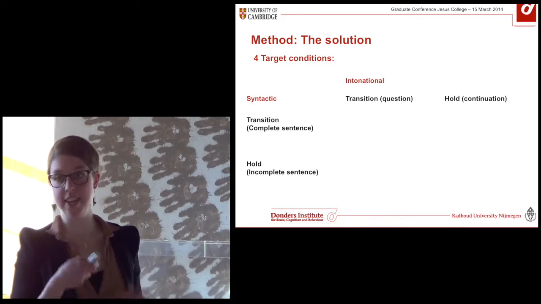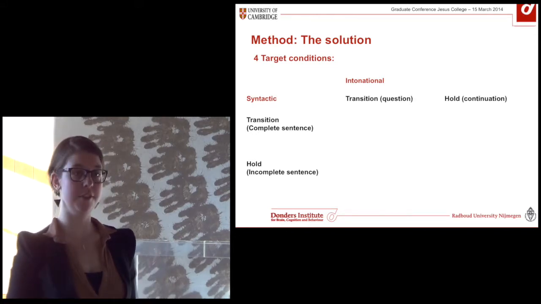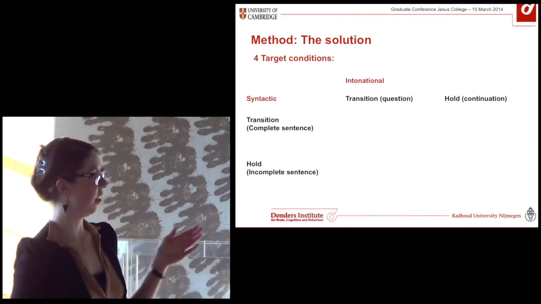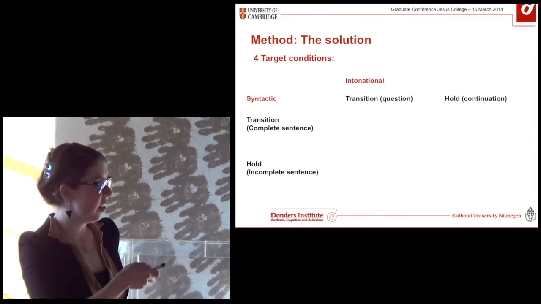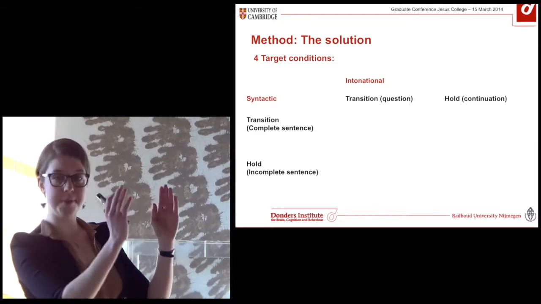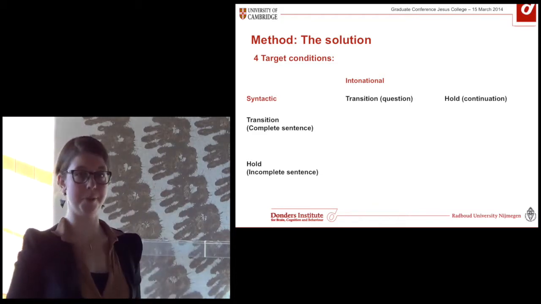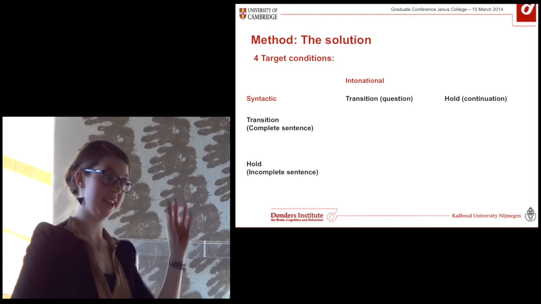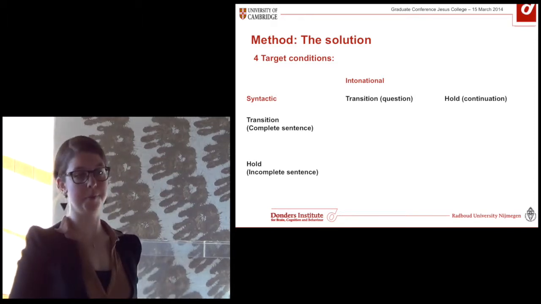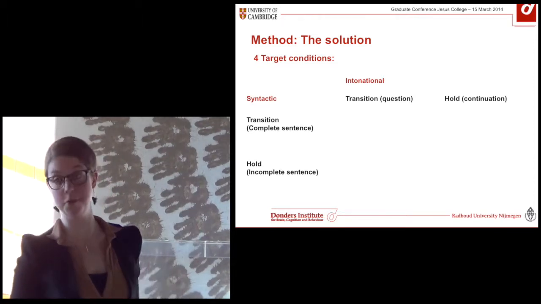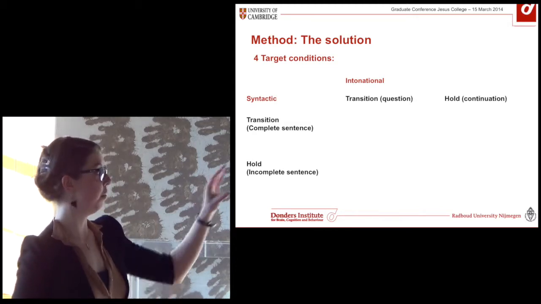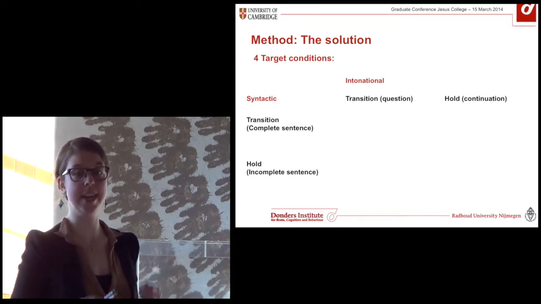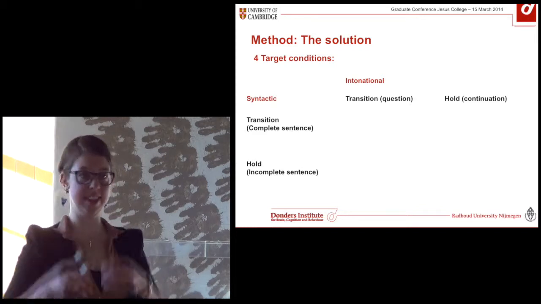If both cues indicate transition, we have a complete sentence like "Would he like bananas?" and then the space in between the brackets is my measure point. At that point I measure whether they anticipate that the other puppet is going to speak or whether they keep looking. Now in this condition, both cues indicate transition, so I expect them to anticipate.